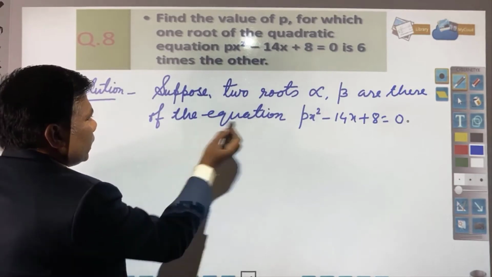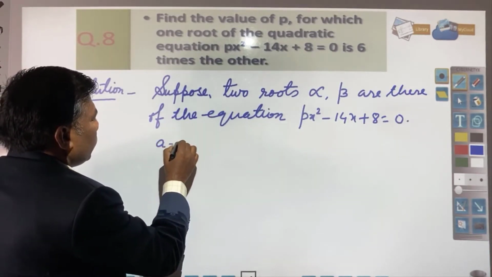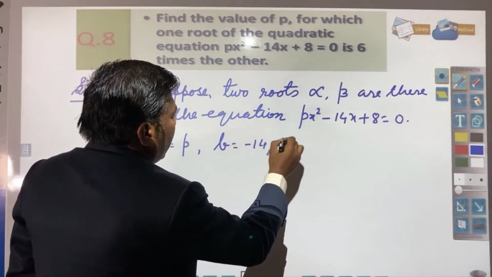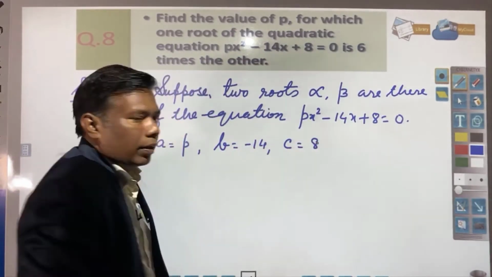Now, as given, a is equal to p, b is equal to minus 14 and c is equal to 8.